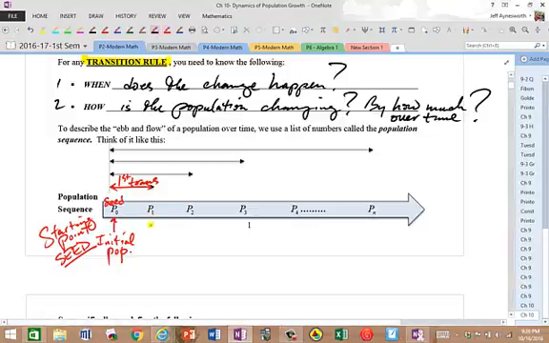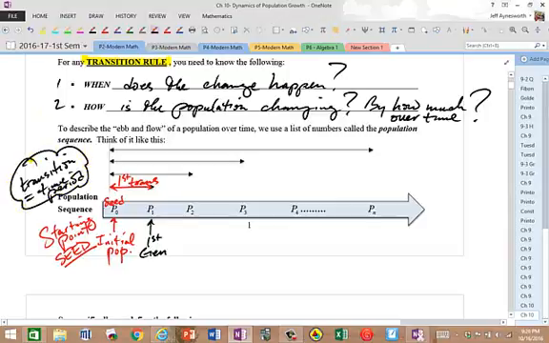So P sub 1 is the first generation, or the population after one time period. When I say transition, I'm talking about a time period. So let's not misunderstand me here. After, let's say, 2 months, that's the first generation.